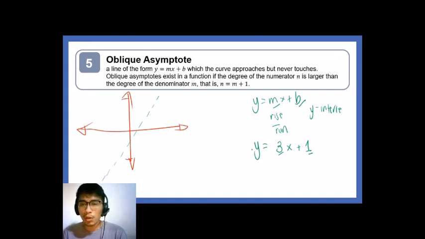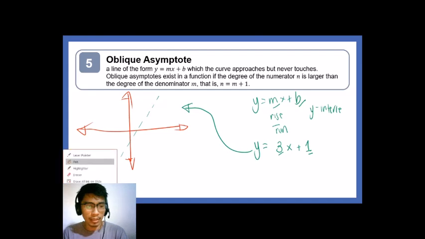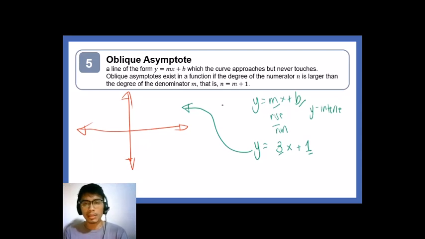If we're going to graph this one, let me erase this green here. Once we have a short review, the oblique asymptote is in the form of y is equal to mx plus b.